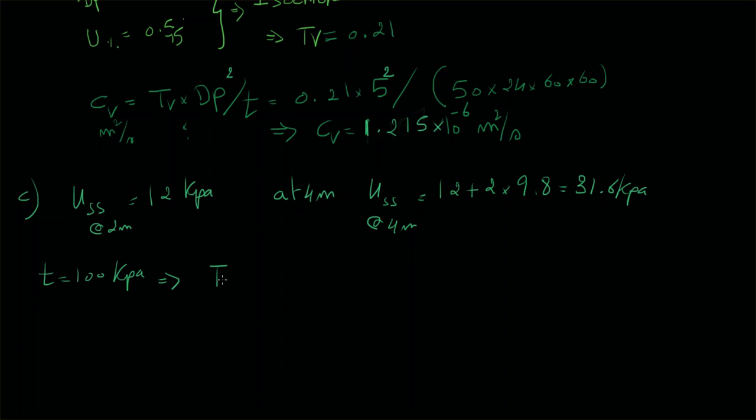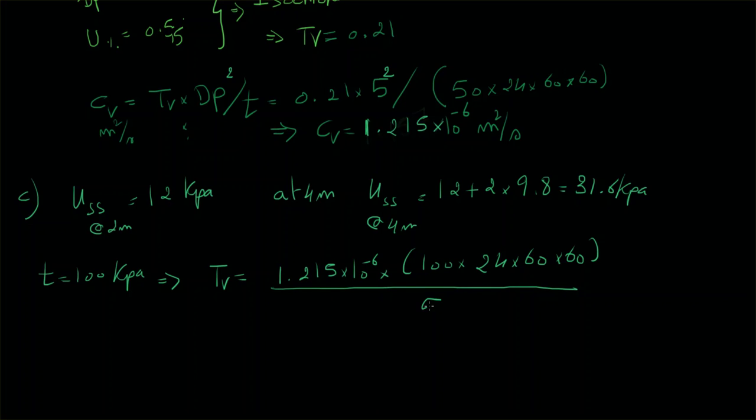Therefore, I can find TV to be CV, 1.215 times 10 to the power minus 6, times time, which is 100 days, 24 times 60 times 60, over 5 squared, and that is equal to 0.419.